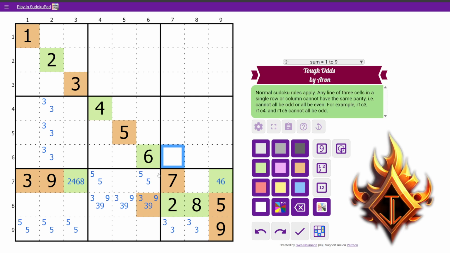If this is odd, this would be even. That would be okay, I think. If this was odd, I think that would be alright also. Where else?